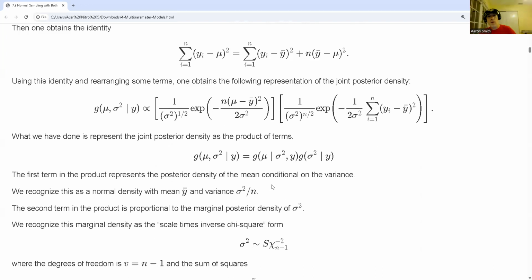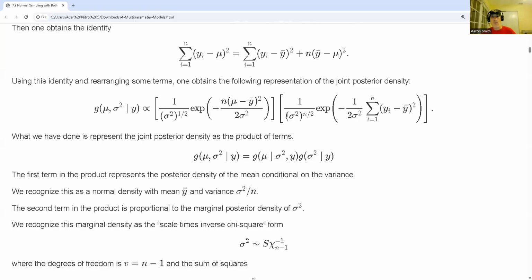Okay, so how we're going to think about this is that I've got G of the variance given my data, so variance given data, and then I have mu given the variance and my data.